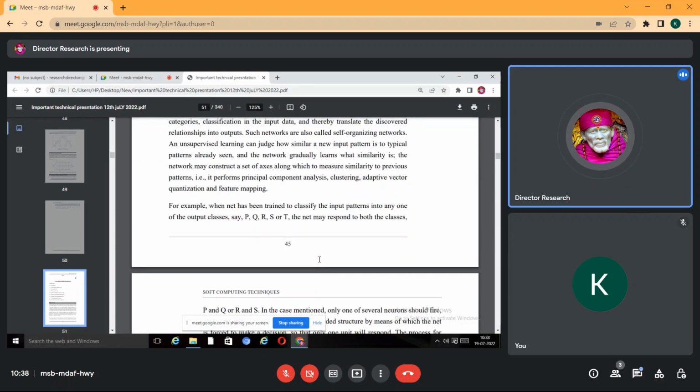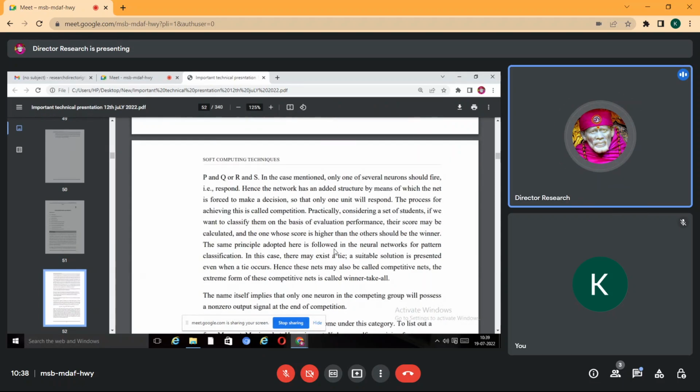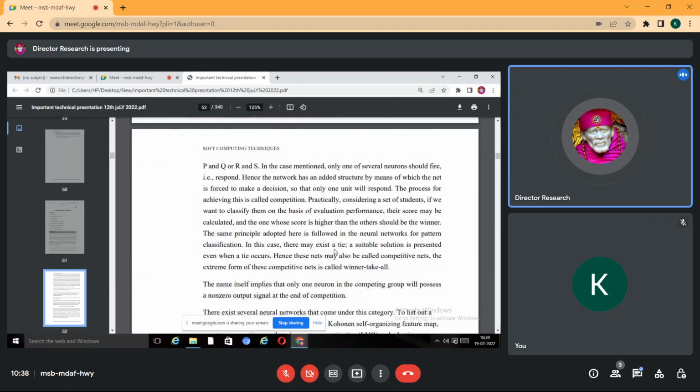For example, when a net has been trained to classify the input patterns into any one of the output classes, say P, Q, R, S, the net may respond to both classes, P and Q, or R and S. In the case mentioned, only one of the several neurons should fire, that is, respond.